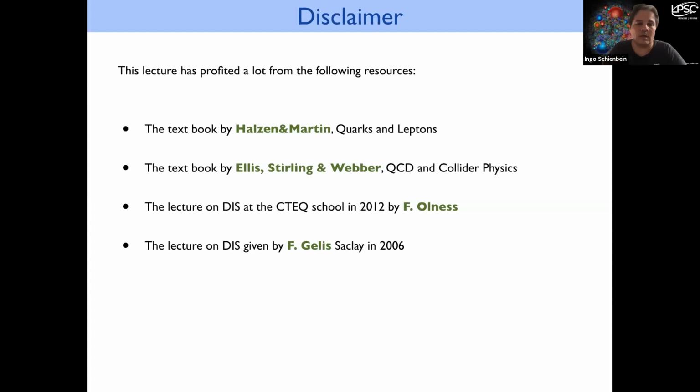And there are, of course, many other textbooks on QCD which cover deep inelastic scattering, like the one by Muta, a book by Field on applications of perturbative QCD, and a book by Cheng and Li, and so on. But Halzen and Martin is my main source.